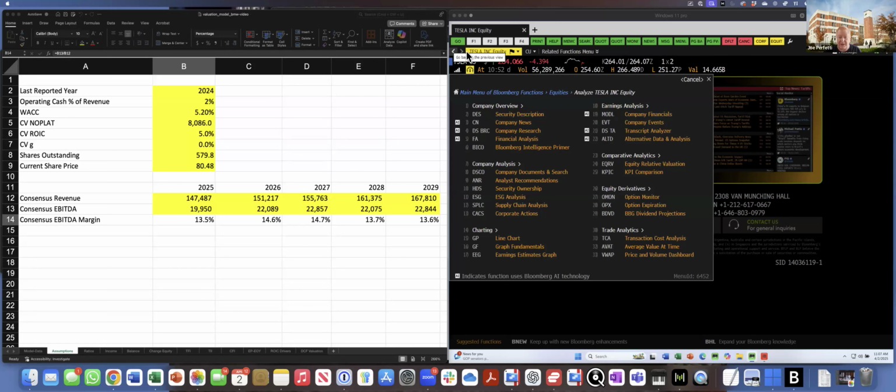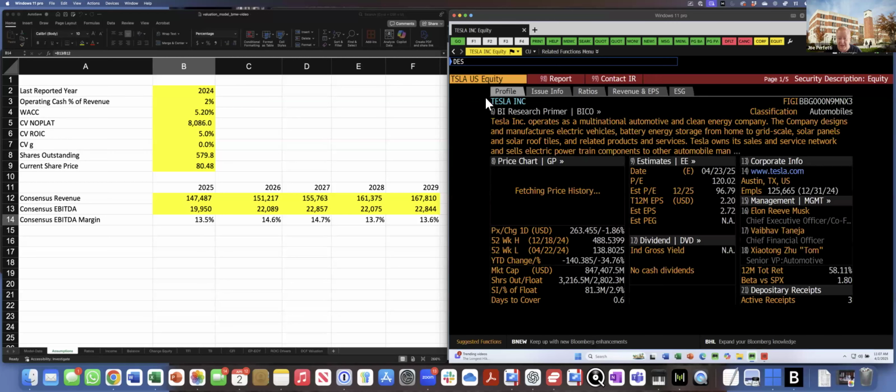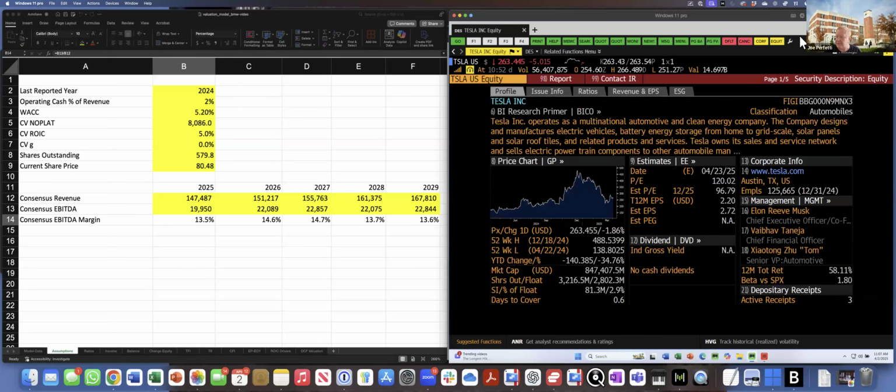Okay. So we're going to start out with some screenshots. As I said, you're going to need 4 screenshots for your assignment. So let's start doing the screenshots now. Screenshot number 1 is we need a DES screenshot of Tesla, because this is going to be our as-is price based on the screenshot.